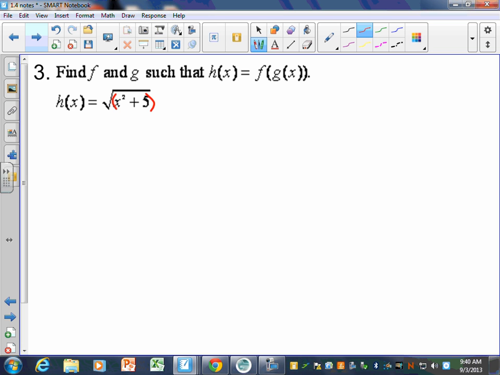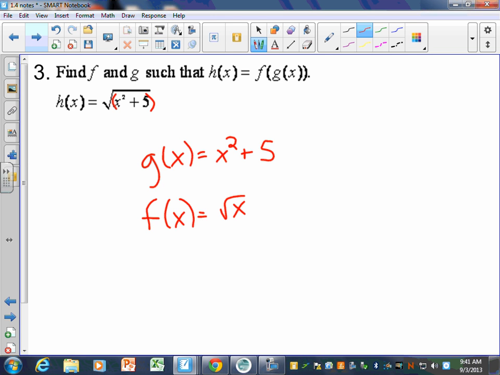So what if I said g of x equals x squared plus 5, and f of x would have to be what? Yeah, the square root of x. Because if I took this and plugged it in there, I would get that. You see how the whole decomposing thing works?